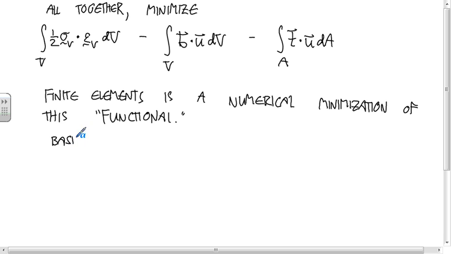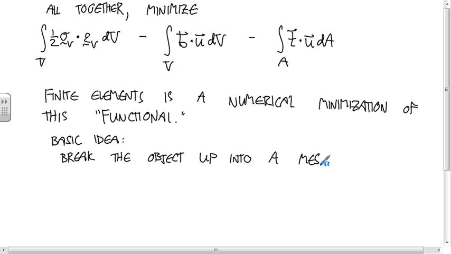The basic idea is break the object up into a mesh that has nodes at the vertices of its elements.